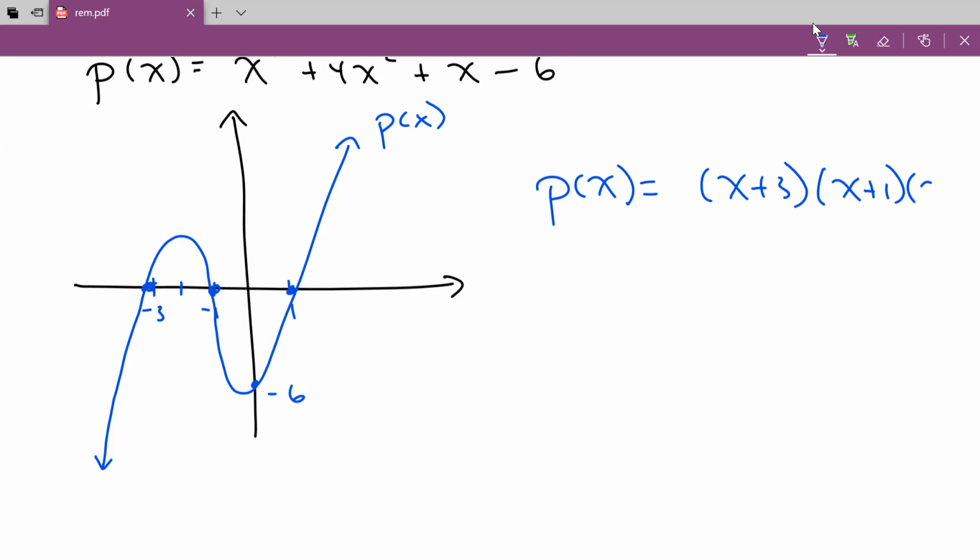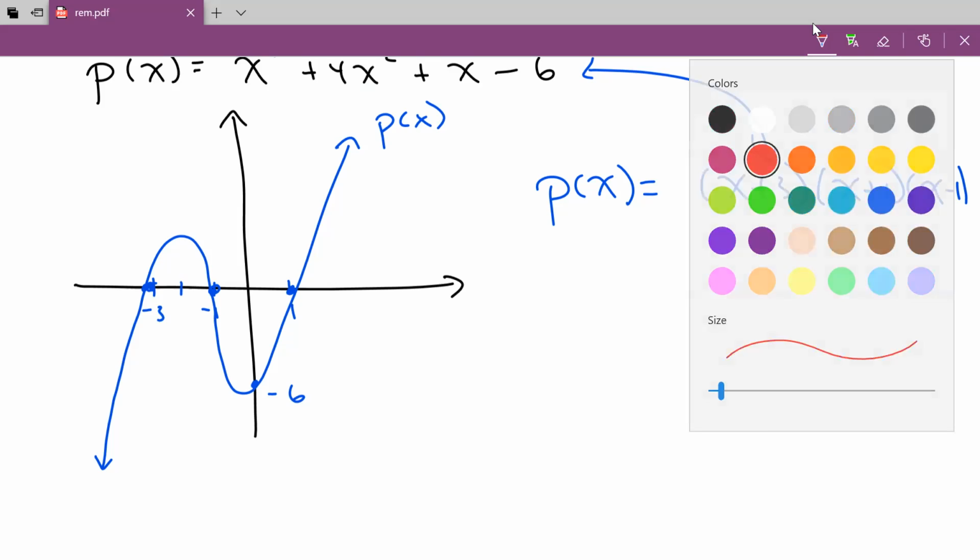X-intercept at 1, factor of x minus 1. There it is. There's p at x, factored. But I did it by looking at the graph. How do I find these points without having the graph in front of me? Well, we could long divide or synthetic divide, or we're going to look at something here called the remainder theorem.